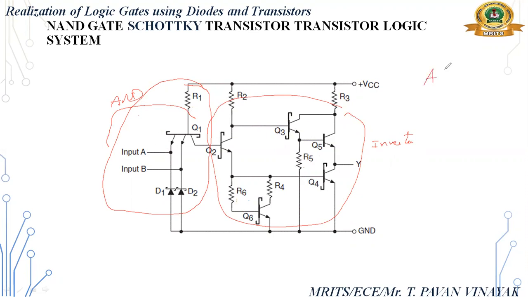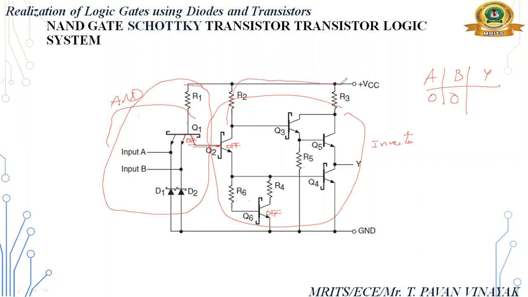Whenever both inputs are 0, what happens? This will be off. Whenever this is off, no voltage will get here. This is off, which means this is also off.